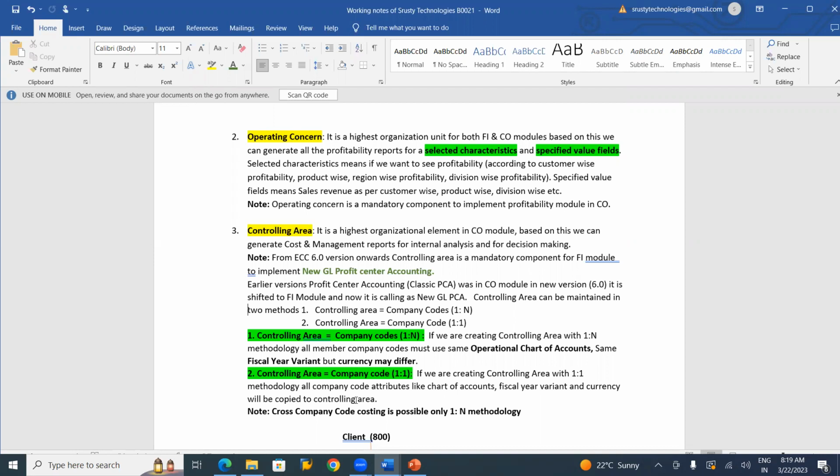See, that is an exception. The chart of accounts should be the same and the fiscal year should be the same, but currencies may differ. If currencies are also the same, not an issue. If all 3 company codes are in India, then definitely we use INR and INR. So that will not be a challenge. Any other questions from anyone?